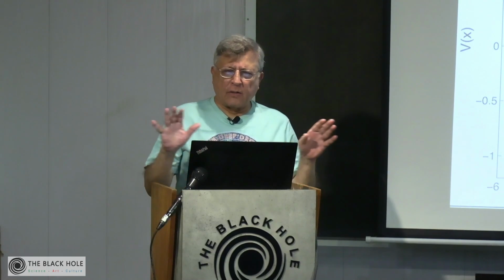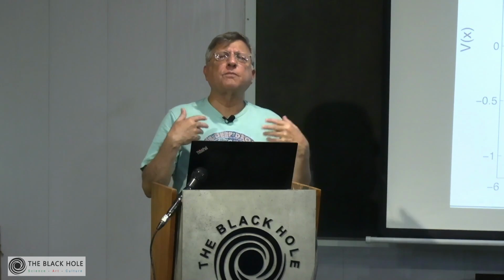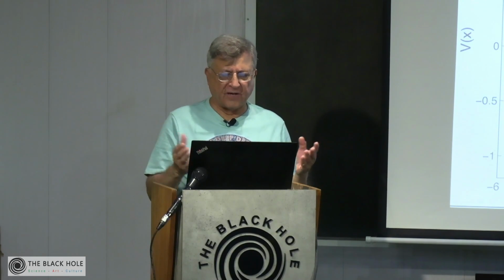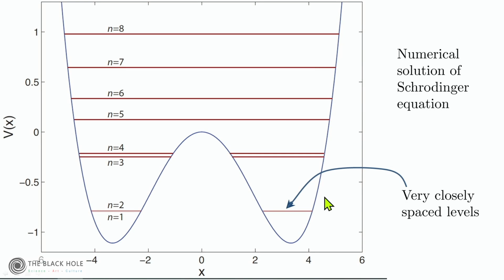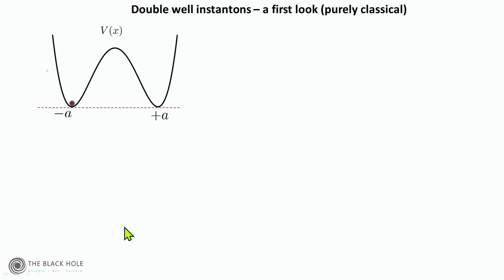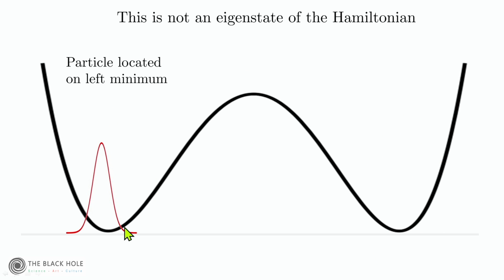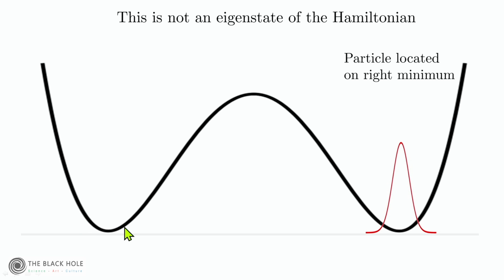Now, I don't want to go into a too extended discussion, but suppose you were to solve the Schrodinger equation numerically, what would you find? You would find a symmetric state and an anti-symmetric state, 1 and 2 respectively, and they'd be very close to each other. Why? Because this particle and this particle are in identical potentials.